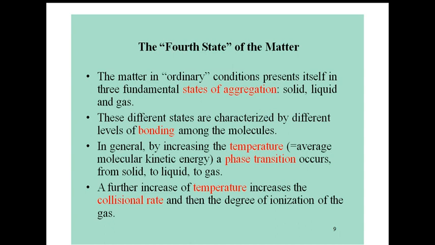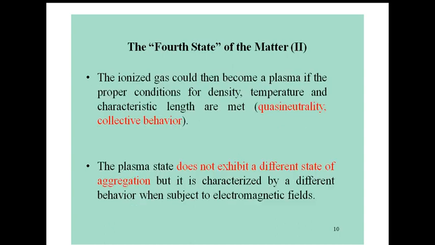The ionized gas could then become a plasma if the proper conditions for density, temperature and characteristic length are met, and that is the well known phenomenon in plasma, quasi neutrality and collective behavior both.